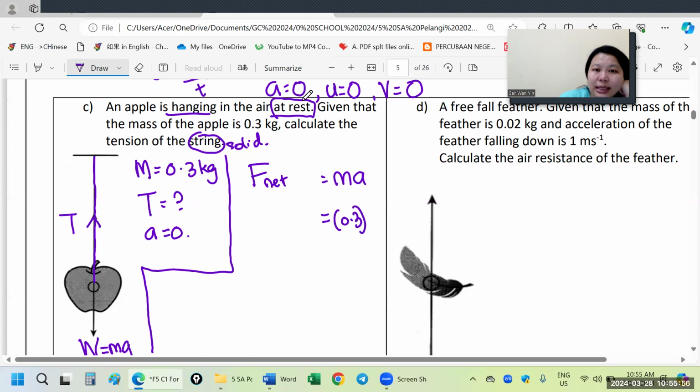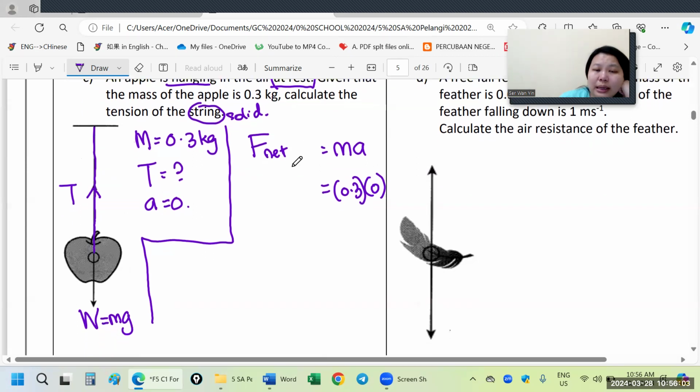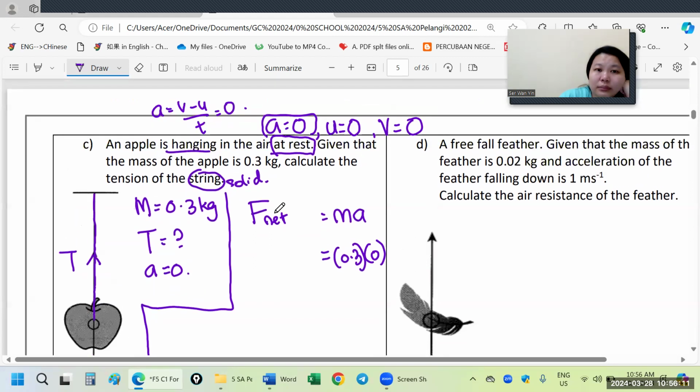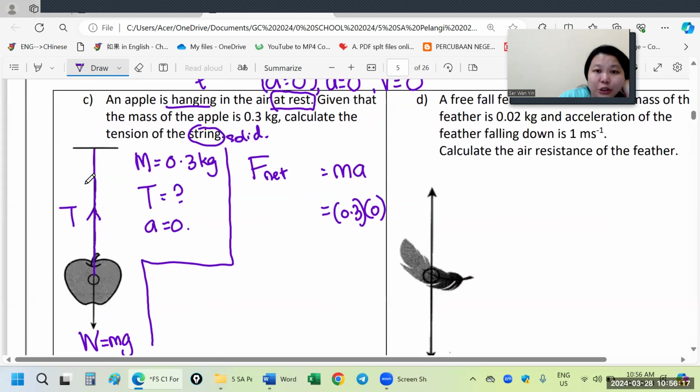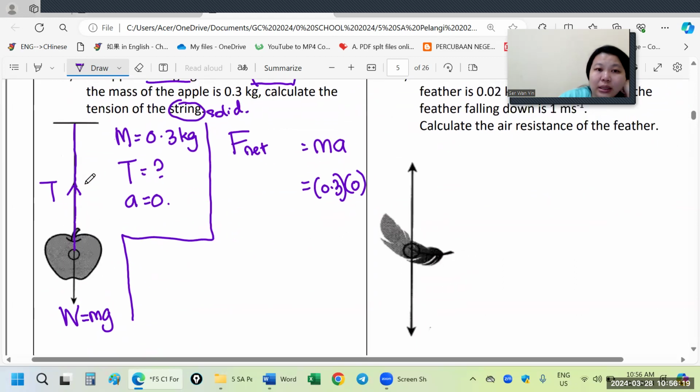A, since it's at rest, means A is 0. Okay, now what is net force? Can anyone give me an idea? For me, net is minus. Two forces minus each other. Sorry, the big one minus the small one.